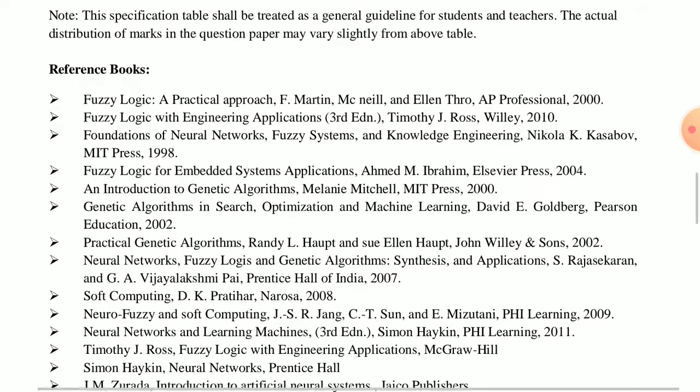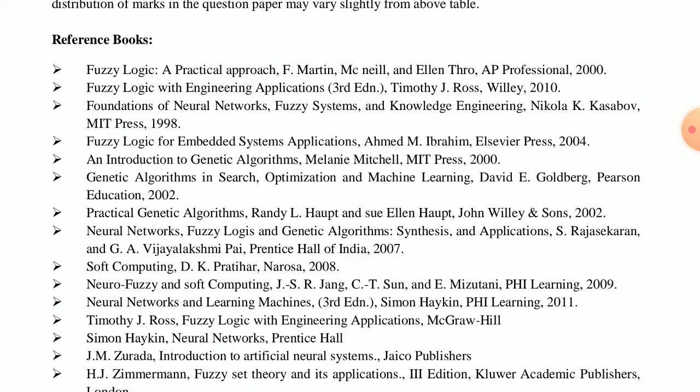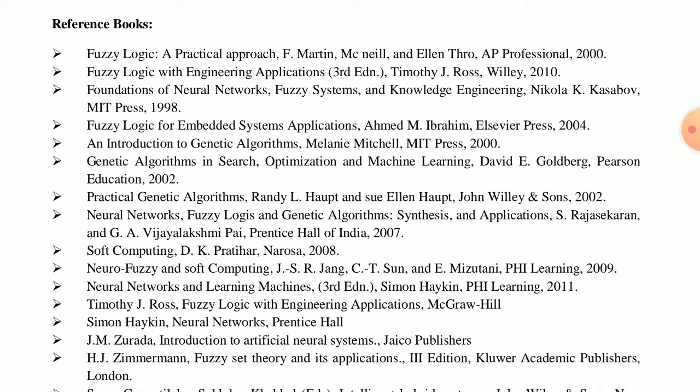Now the list of reference books is given. Here you can use many reference books in our library. This list of reference books is given, and you can take some books for this particular subject, and I will also provide some material for the SCT subject.